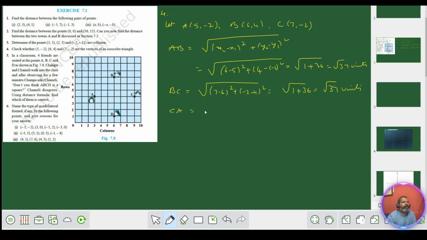CA also can be found, that is (7 minus 5) whole square plus (minus 2 minus of minus 2). Okay, it's not fitting properly. Pardon me.